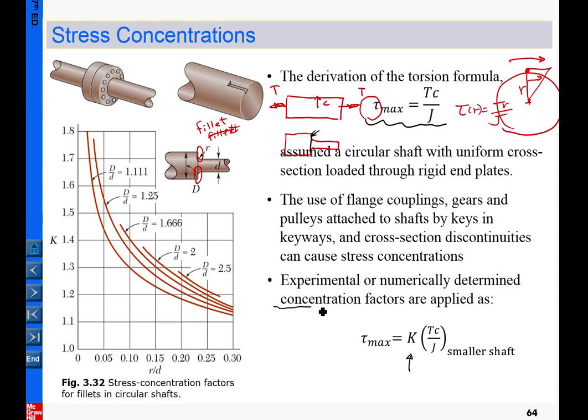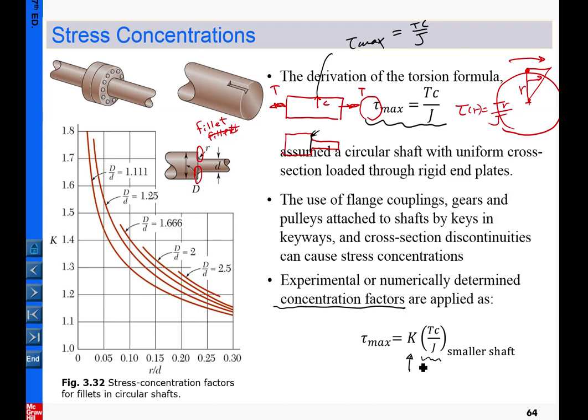We multiply this concentration factor with the quantity we learned here, the maximum for our simple homogeneous uniform model, which is Tc over J. Pre-multiplying with the stress concentration factor allows us to estimate pretty well the maximum stress happening in this kind of practical non-uniform shaft. Let me explain this equation.